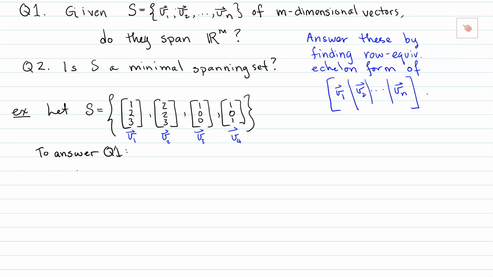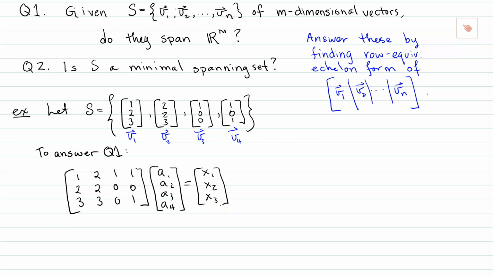So we can set up the following matrix equation. And if you think about multiplying this out, as we've done a couple of times already now, the matrix product of these two matrices on the left-hand side is going to give us exactly what a linear combination of those 4 vectors would look like, A1 being the coefficient of V1, A2 being the coefficient of V2, and so on.